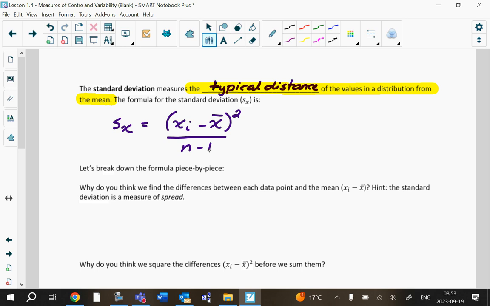There's a reason for that minus 1, but it kind of goes beyond this course, so you don't really have to worry about it because you're going to get the formula anyway. And then once we have that number, we take the square root. Sorry, I should add the sum of all these. Should have put that in there. So this is on your formula sheet.